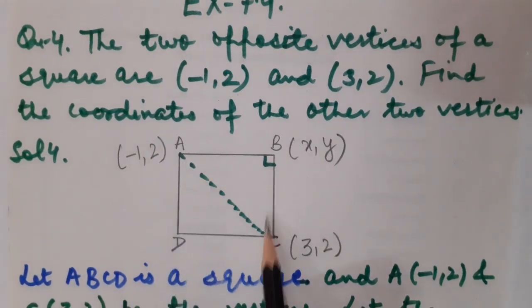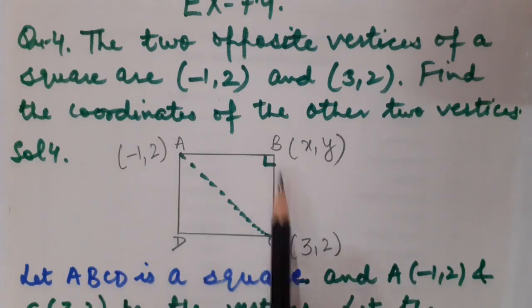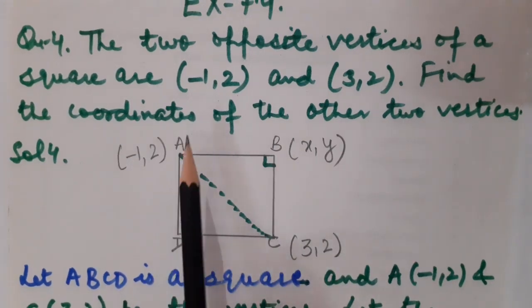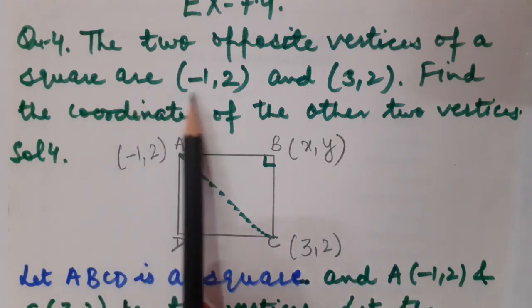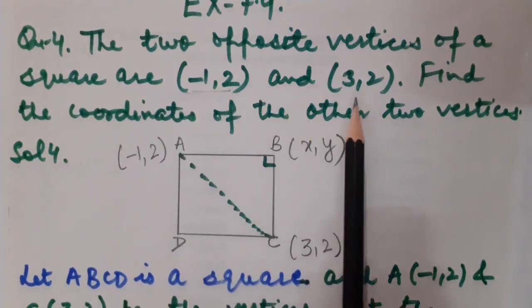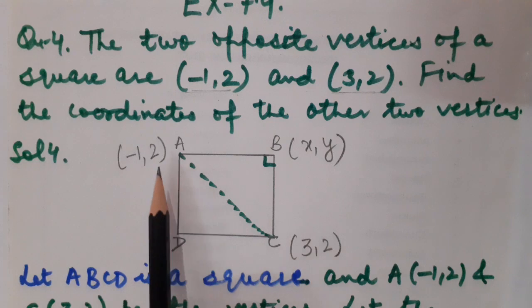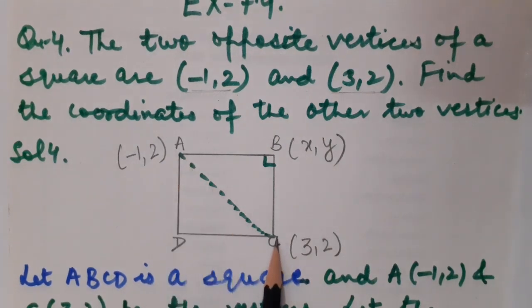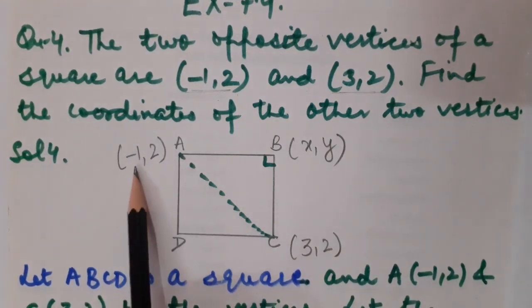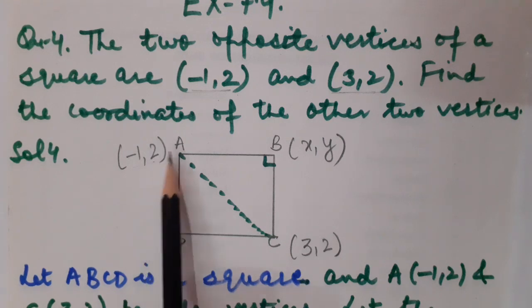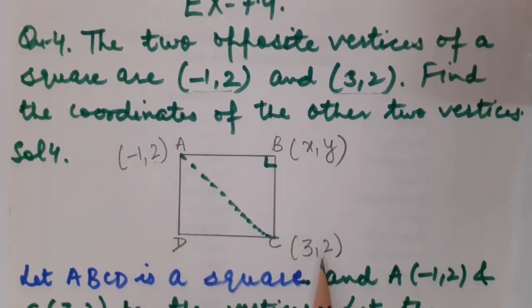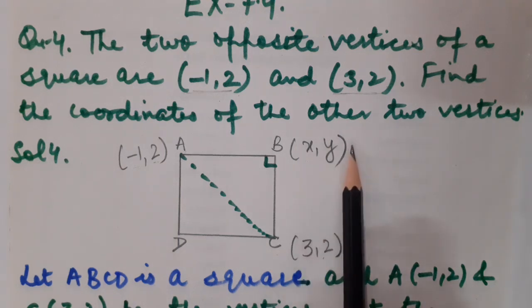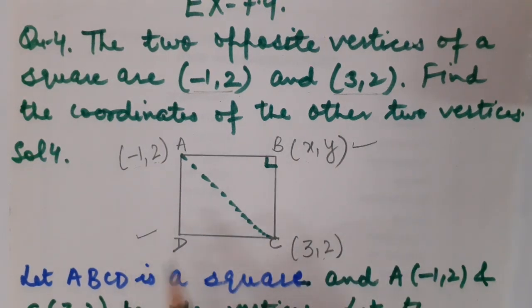Here you can see I have drawn a square, A, B, C, D. Two opposite vertices whose coordinates are (-1, 2) and (3, 2) are given. A and C are the opposite vertices of the square. So I have written that the coordinates of A are (-1, 2) and C are (3, 2), and you have to calculate the coordinates of the other two vertices.